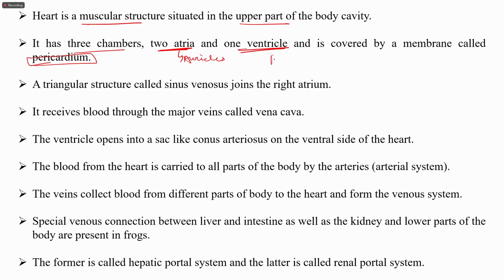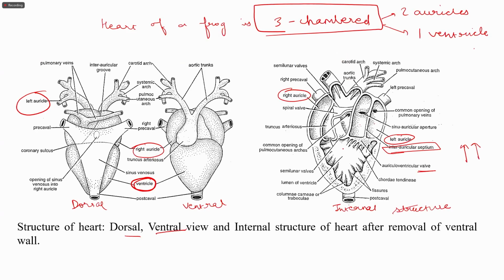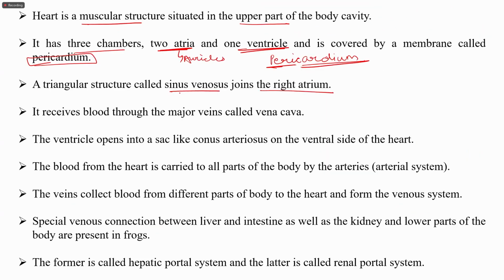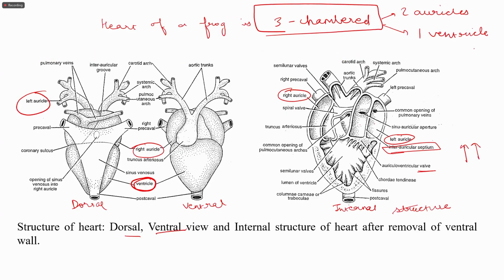The pericardium is the membrane that surrounds the heart. A triangular structure called the sinus venosus joins the right atrium. You can see in this figure that the triangular structure, the sinus venosus, joins the right atrium or right auricle.